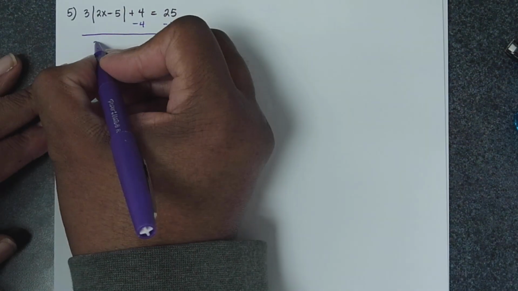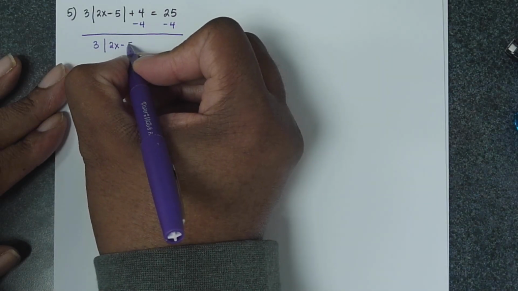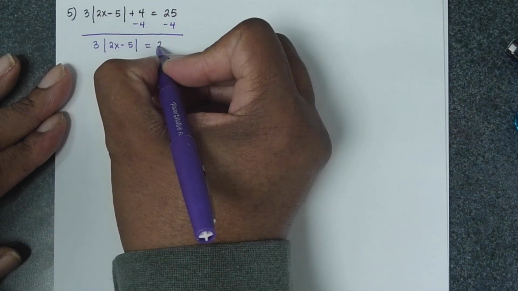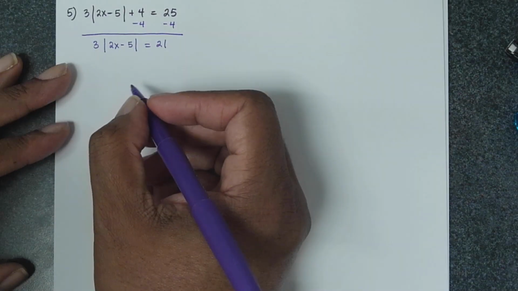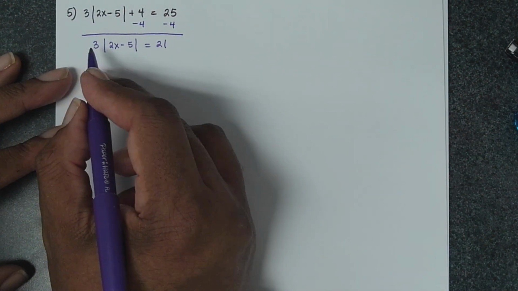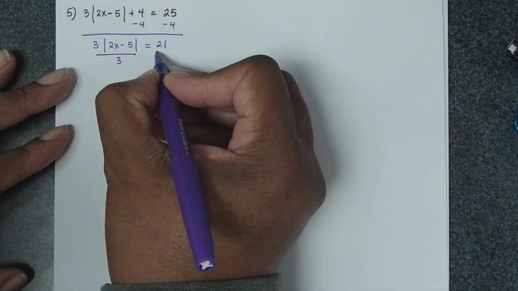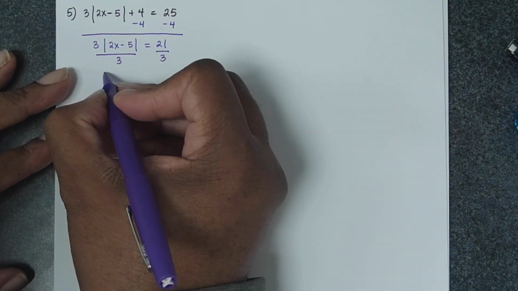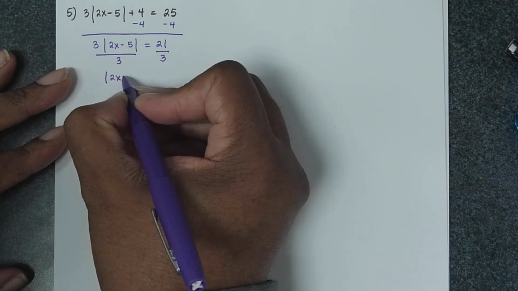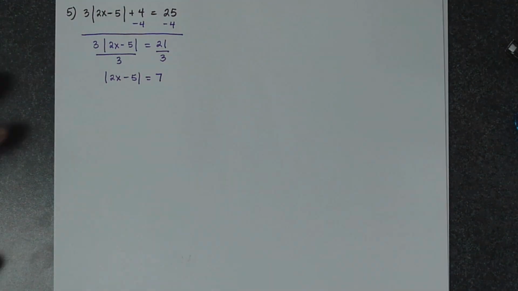So I'll have 3 times the absolute value of 2x minus 5 is equal to 21. Now I still need to get the absolute value of 2x minus 5 by itself. I'm multiplying it by 3, so the opposite of that would be to divide both sides by 3. So here we got the absolute value of 2x minus 5 is equal to 7.